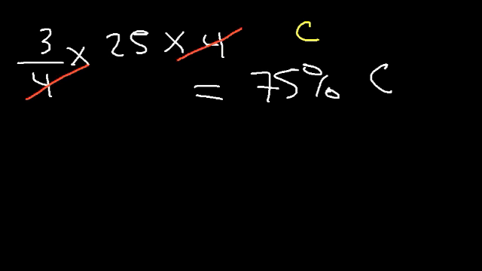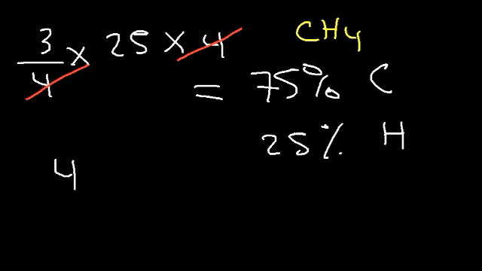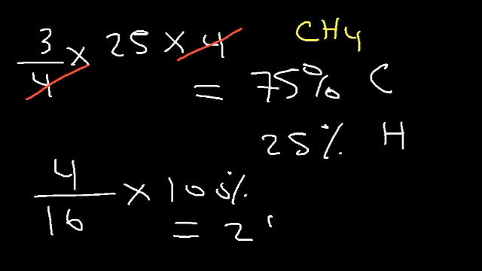And since there's only 2 elements in methane, the remaining 25% must be from hydrogen. If you take 4, which is the mass of all the hydrogen atoms in CH4, and divide it by the total mass, you get 1/4 of 100, which is 25%. And so that's how you can calculate the mass percent of an element in a compound.